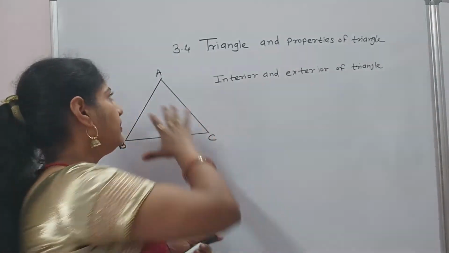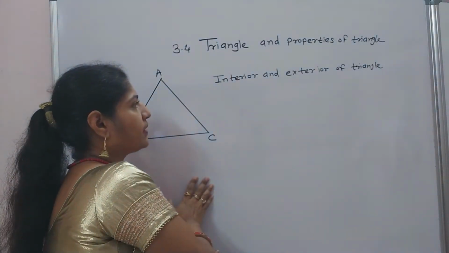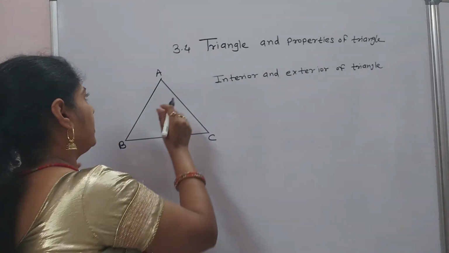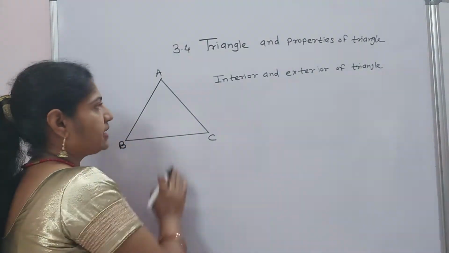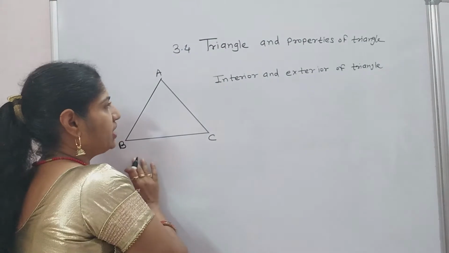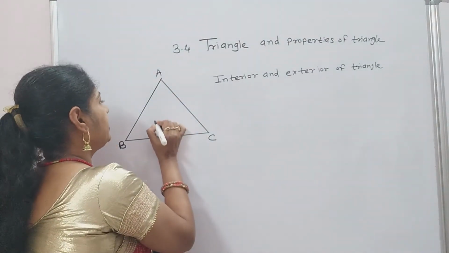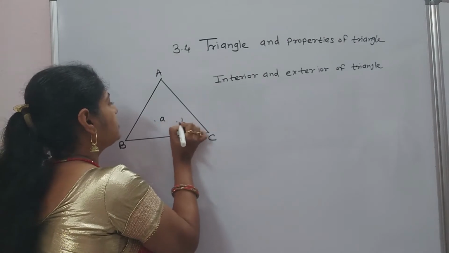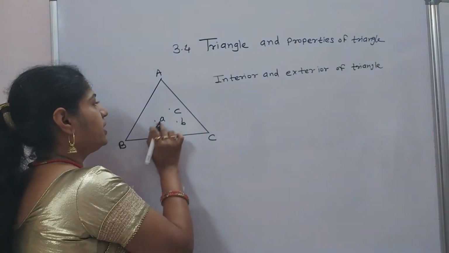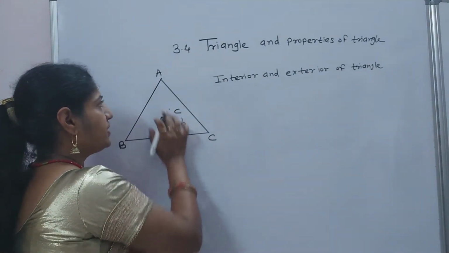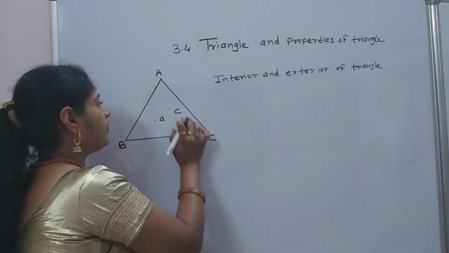A triangle is in the plane. This is the plane. This plane is divided into three parts: interior part, exterior part and the triangle itself. For example, in the interior of the triangle, there are 3 points, point A, point B and point C. This is the interior part of a triangle.